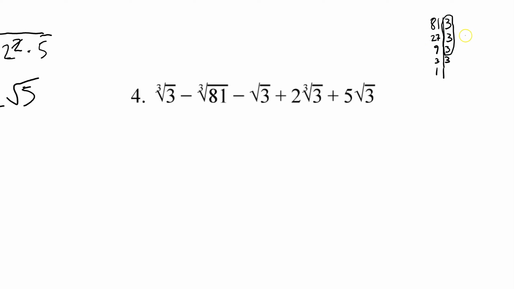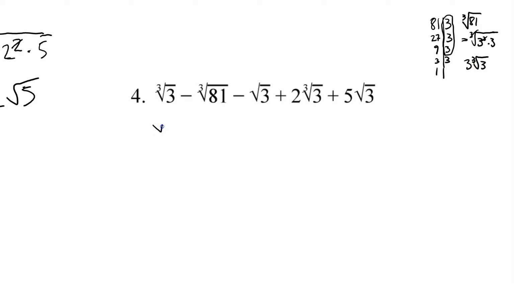And so the cube root of 81 is equal to the cube root of 3 cubed times 3. The cube root cancels the 3, leaving 3 times the cube root of 3.